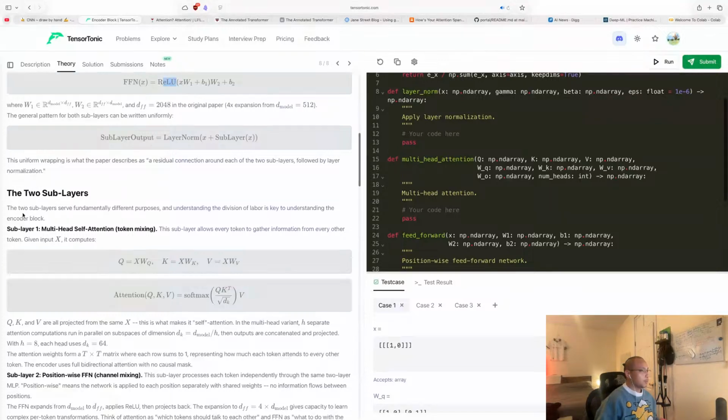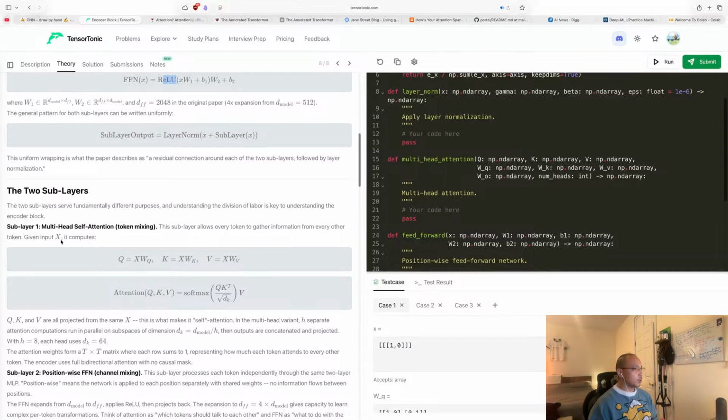Let's look deeper into the two sublayers. The two sublayers have a fundamentally different purpose, and understanding the division of labor is key to understanding the encoder block. Sublayer 1, multi-head self-attention, is token mixing. This sublayer allows every token to gather information from every other token. Given input x, it computes the query matrix, the key matrix, and the value matrix.